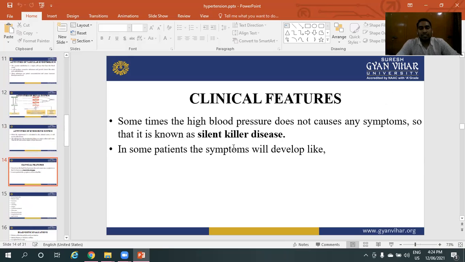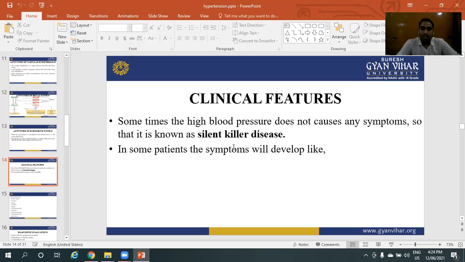Clinical features of hypertension. Sometimes high blood pressure does not cause any symptoms, so it is known as the silent killer disease.